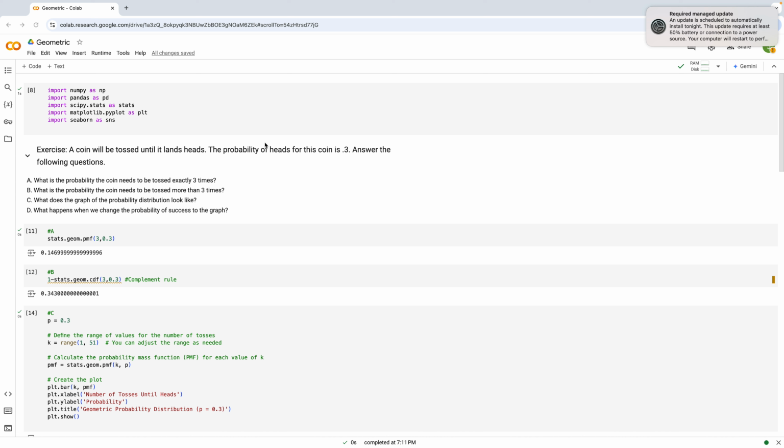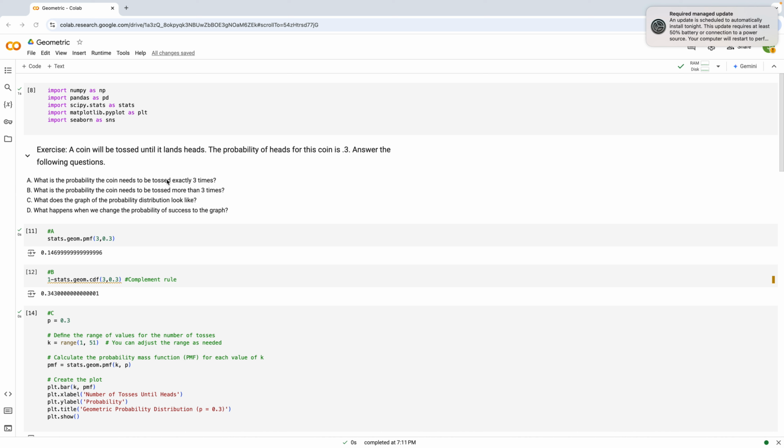That seems relatively intuitive, that the outcome of one coin should have no bearing on the next. The probability is the same each time you toss the coin. And finally, the random variable x here is the number of tosses until the coin lands heads. And that last part is fairly important to recognize.